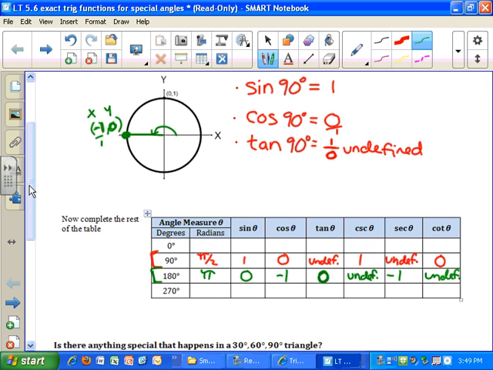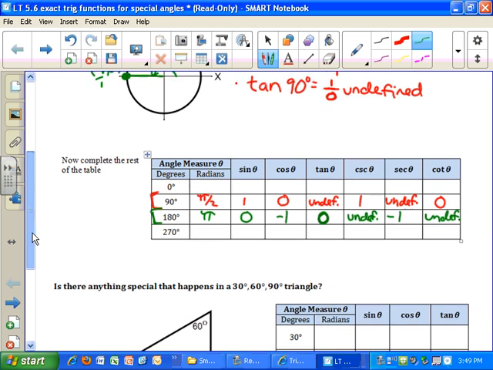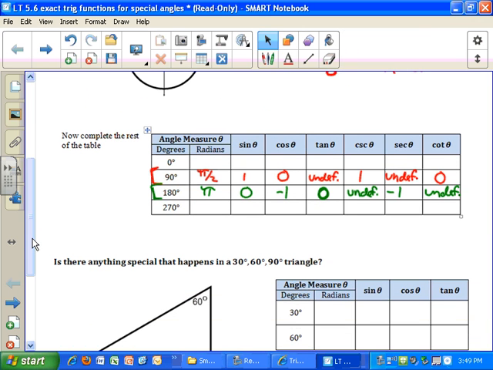Okay. If you want to pause, try to fill out the rest of the table for 0 degrees and 270, and then continue, and you can compare with my completed table.